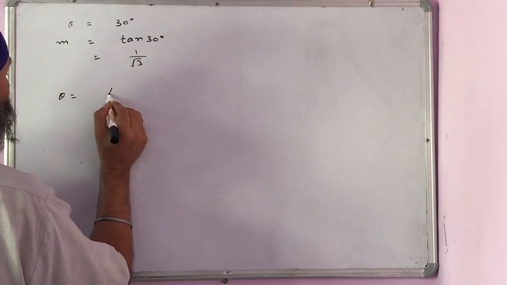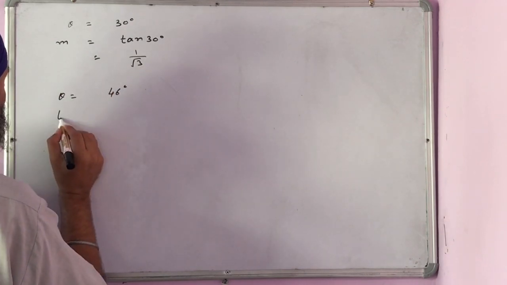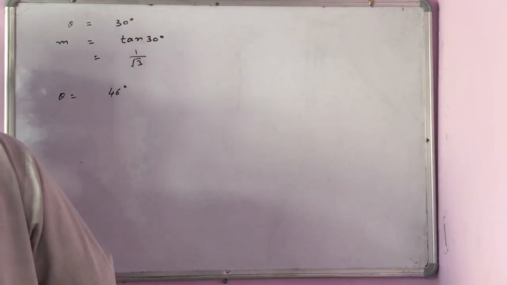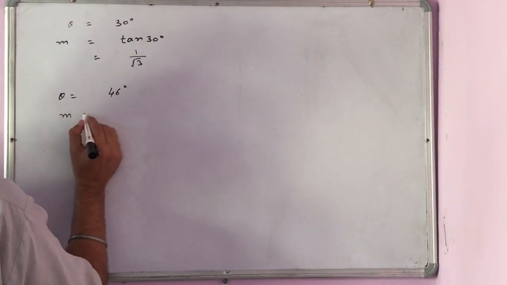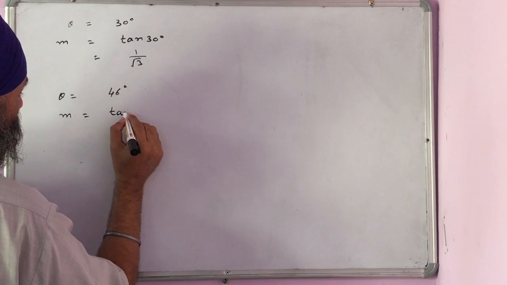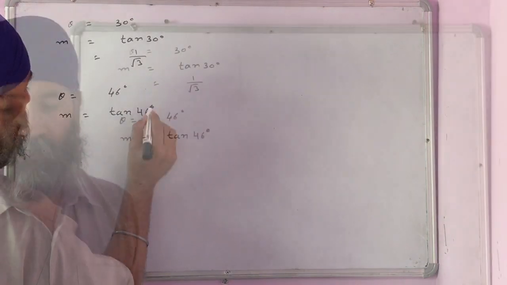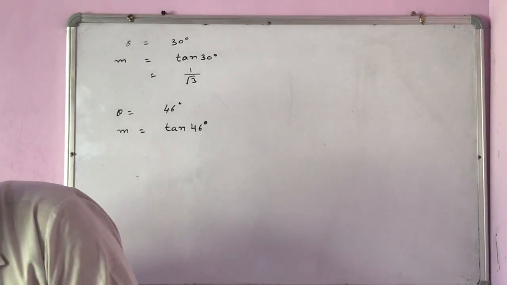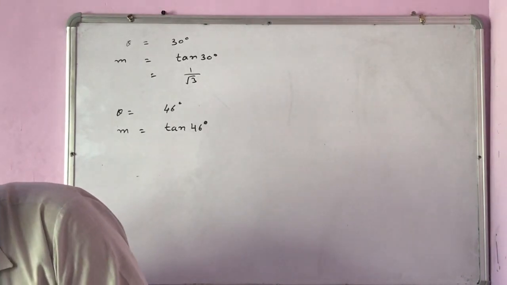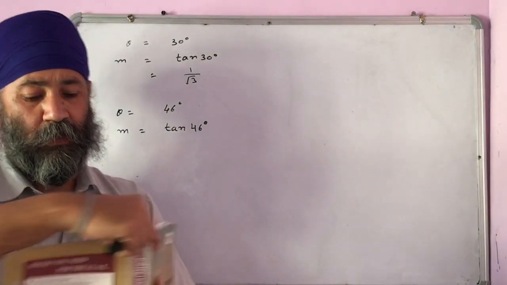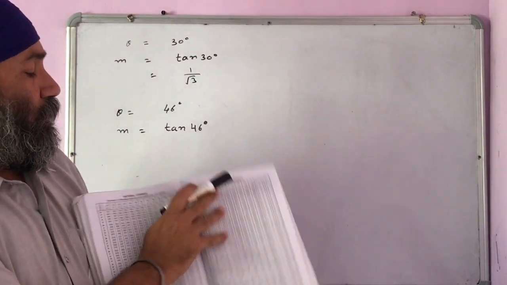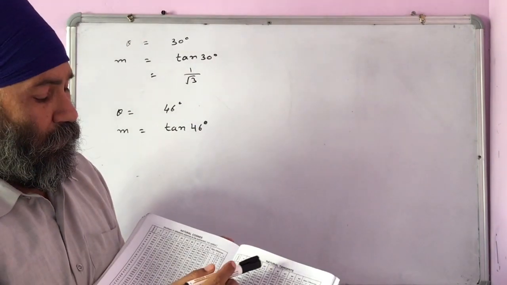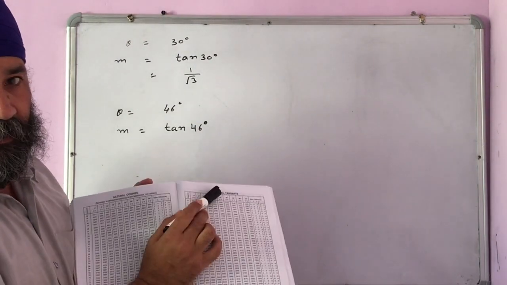Then theta is given as 46 degree. Then slope is tan 46 degrees. From the tables that are given behind your book, you can see these natural tangents, because it is tan, not natural sine or cos, you find the table of natural tangents.